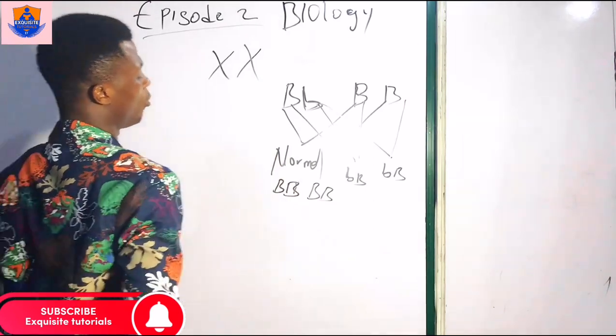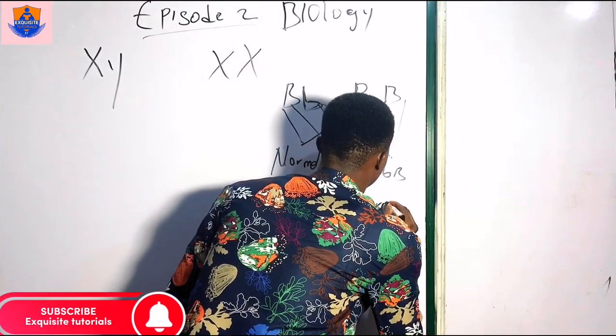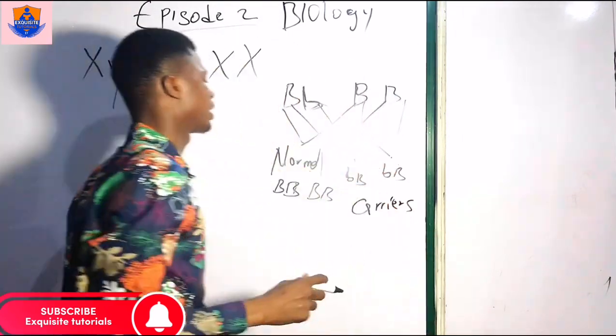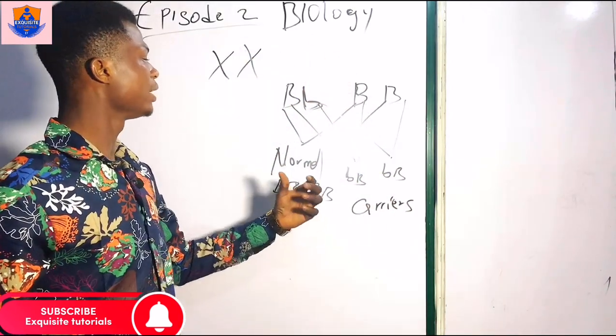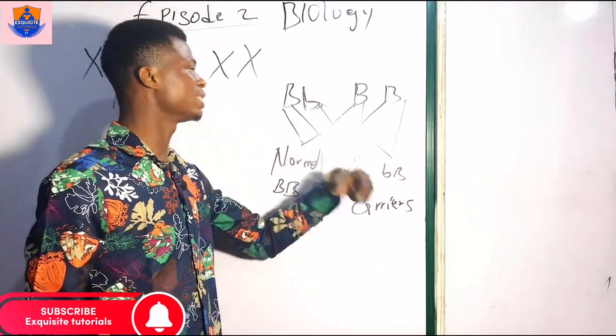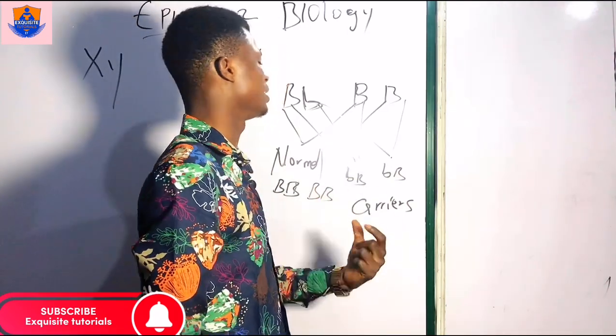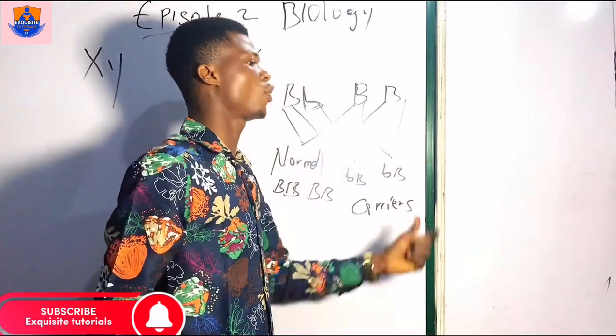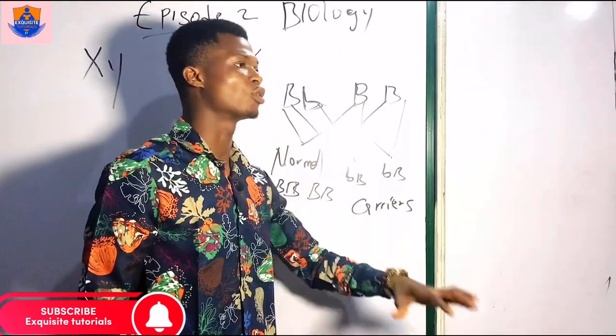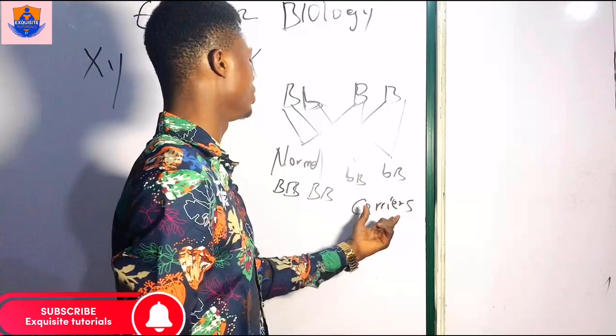So these two are normal, these two are carriers. Now, when we mean carrier, a carrier is someone who is not a sufferer but has the trait of that sickness in the gene, which can be transferred to the next offspring, and the offspring can become a sufferer. So that's what it means to be a carrier.